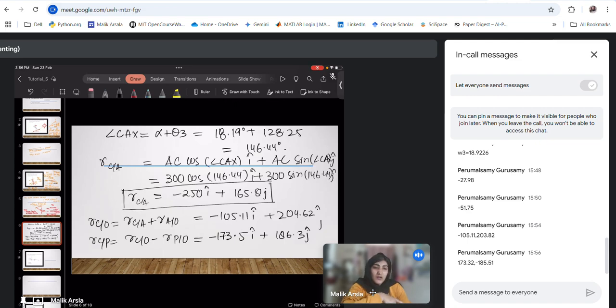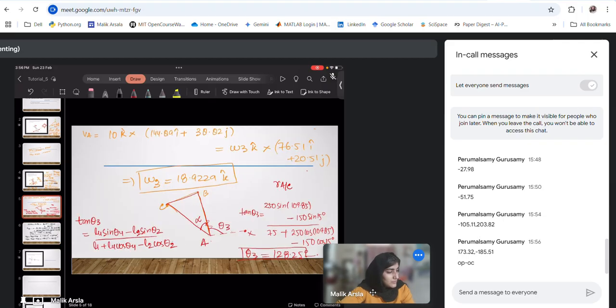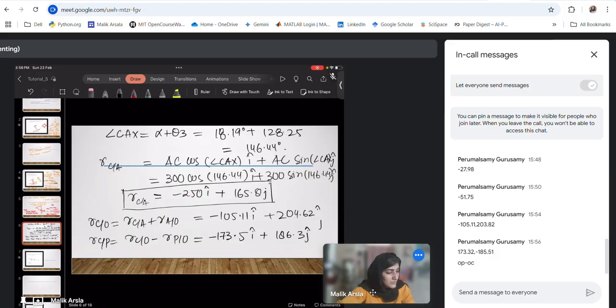You are getting it as minus, why are you getting, oh this is CO, it should be something like this, OP minus OC.